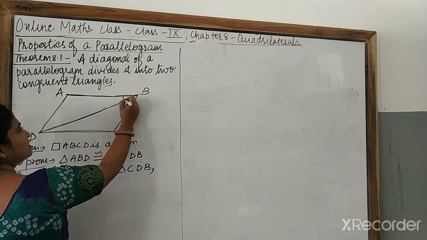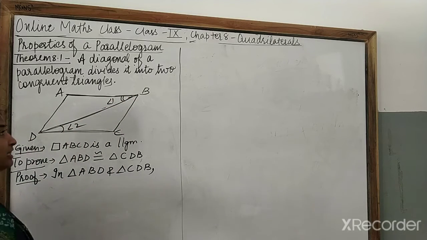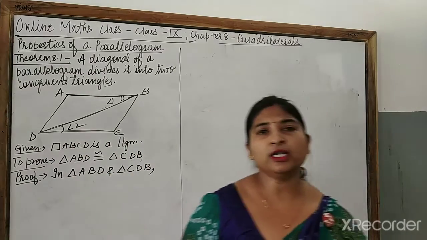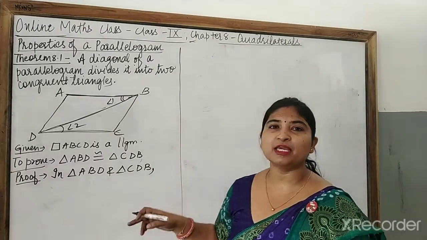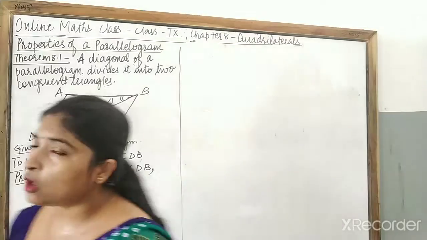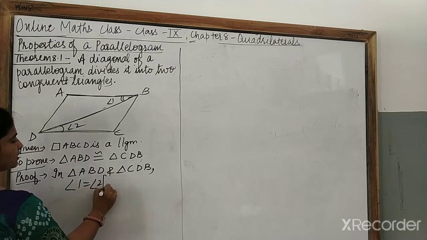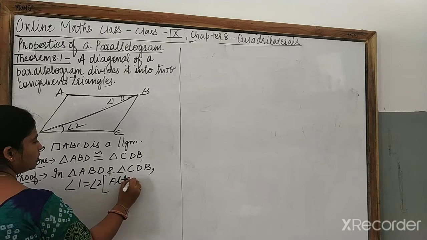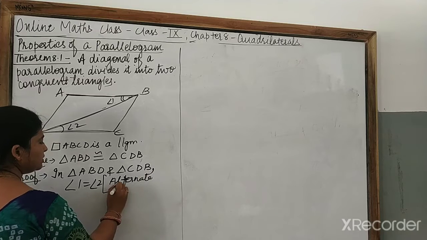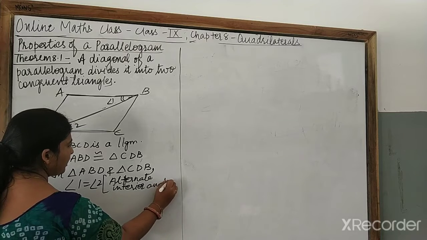So yes, we are getting a Z, that means the alternate angles will be equal. They will be alternate interior angles, because they are making a Z over here. So angle 1 will become equal to angle 2. The reason you can write is alternate interior angles.